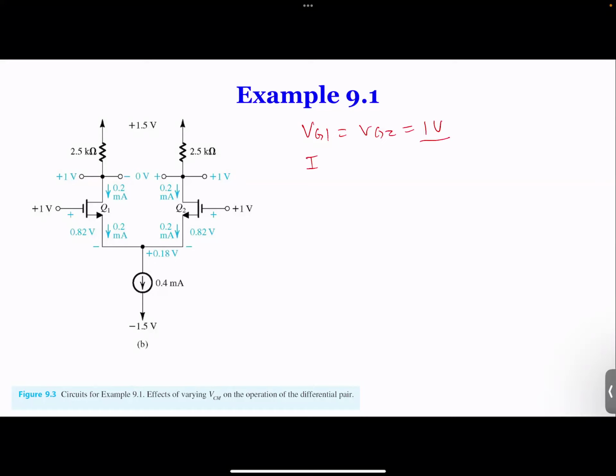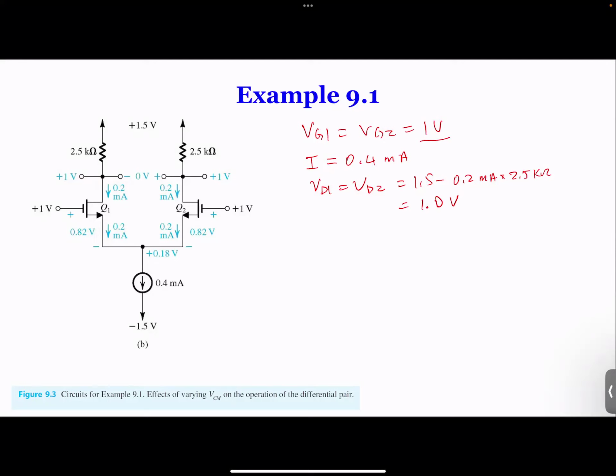But since the current didn't change, the current is still 0.4 milliamp. Therefore VD1 and VD2 do not change. They are both 1.5 volts minus half of the current times 2.5 kilo ohms, so it's still equal to 1.0 volt. So this is what you get for VD1 and VD2.